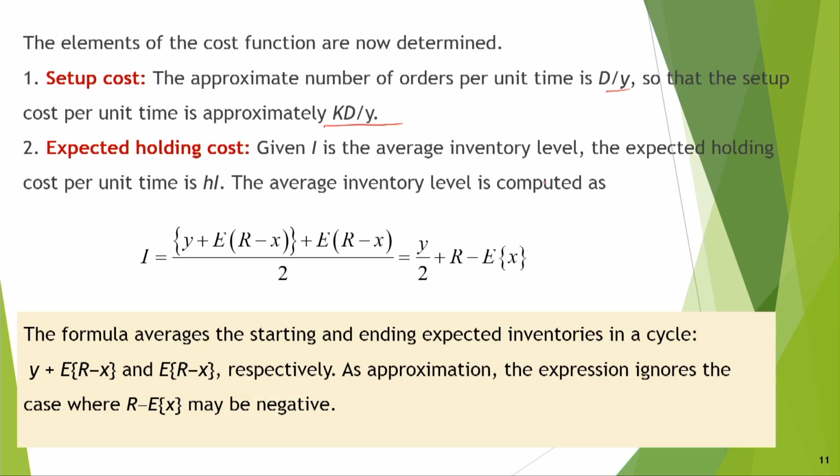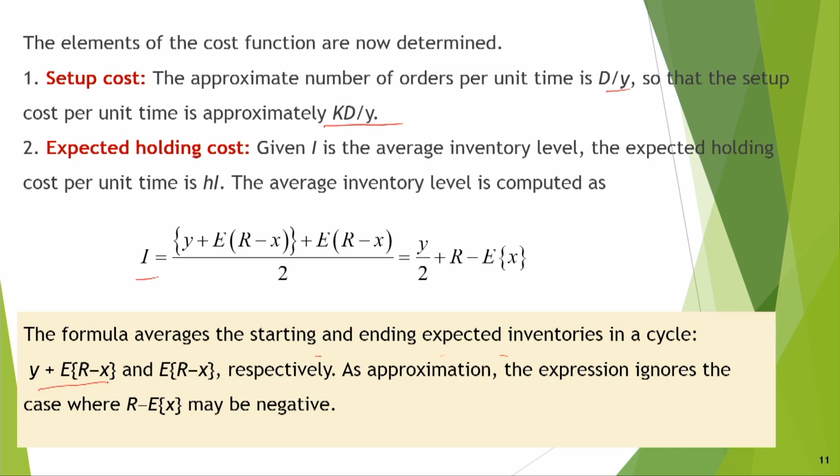The average inventory level is computed as I equals Y plus E(R minus X), plus E(R minus X), divided by 2. This formula averages the starting and ending expected inventories in a cycle, so it is somewhat of an approximation.